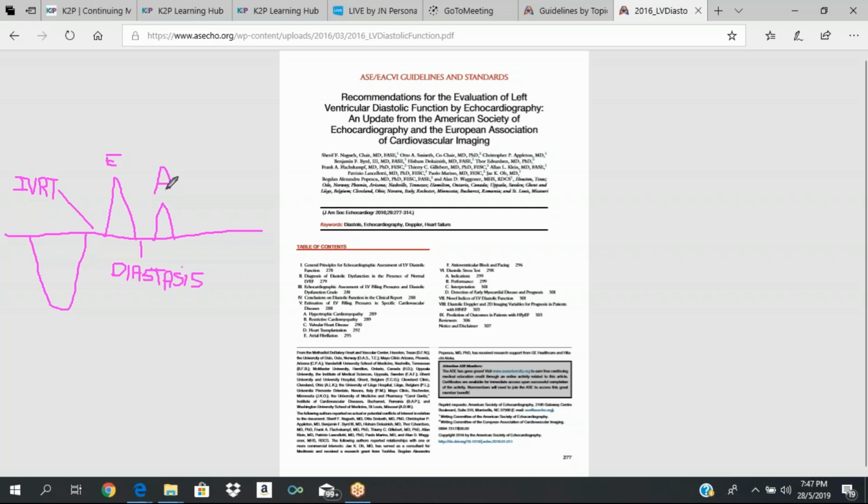And when the heart relaxes, the base of the heart moves away from the apex. Let me draw that again. So this is our mitral inflow right here.